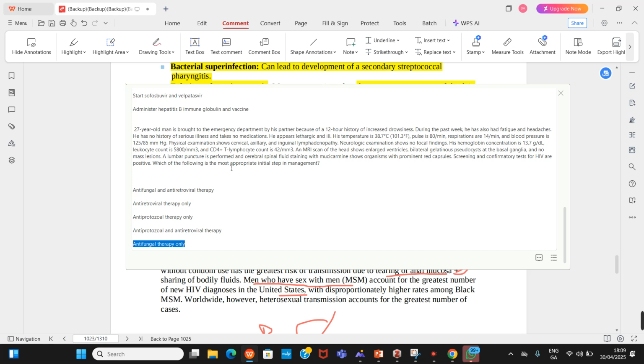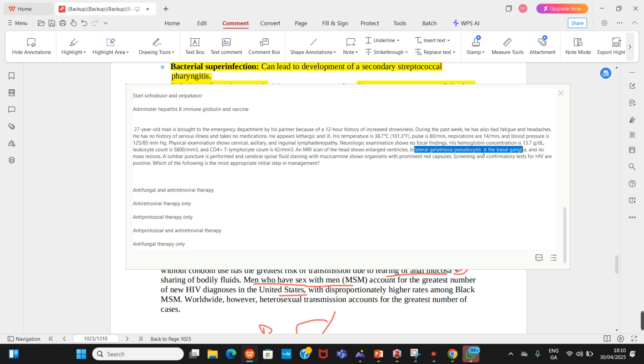This guy is already having a cryptococcal infection. You can see mucicarmine, cryptococcus infection. And the bilateral gelatinous pseudocysts at the basal ganglia, this is likely to be tuberculosis. I know that tuberculous meningitis affects the basal ganglia. So, no, sorry, not tuberculosis, toxo. They say that tuberculosis affects the base of the brain.